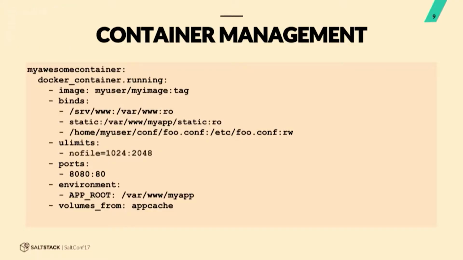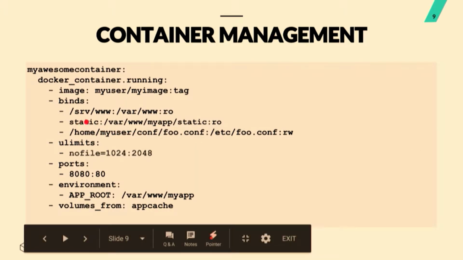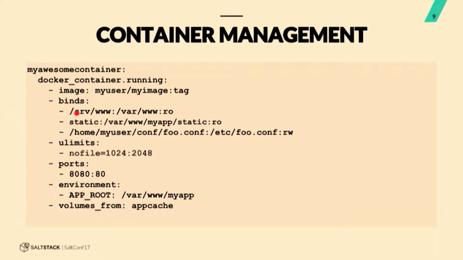Here's an example of the docker_container.running state, formerly docker_ng.running. You can see that you have your image here with the binds. You'll notice that some of these are absolute paths and some aren't.